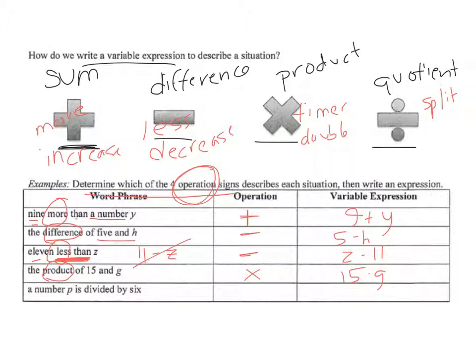And the last one, a number p is divided by 6. So I make a division symbol across here. The division symbol can be like this, p divided by 6, or you could write it as p divided by 6 like this. Both of these mean division.